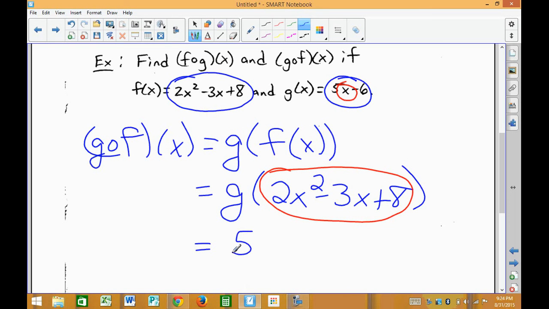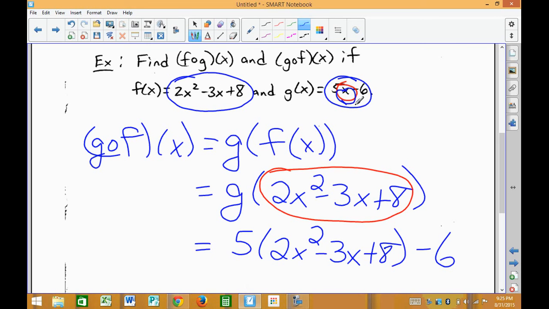It's 5, but instead of writing x, I'm going to write 2x squared minus 3x plus 8, and then minus 6. As you can see, the x in g of x is being replaced with this entire function f of x.